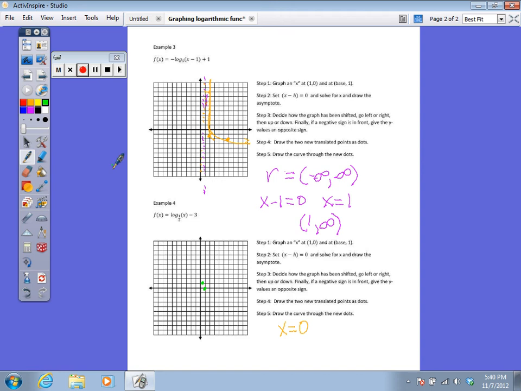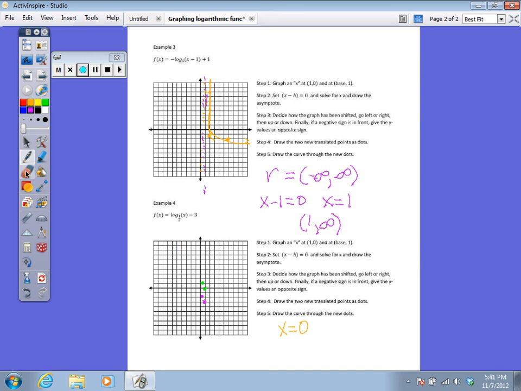Now I need to drop the whole thing 3 units because we have a minus 3. I'll change colors here, and we're just going to go down 3. 1, 2, 3. That's my anchor point. Then I'm going to drop this other point down 3, so it's 1, 2, 3, and right there.